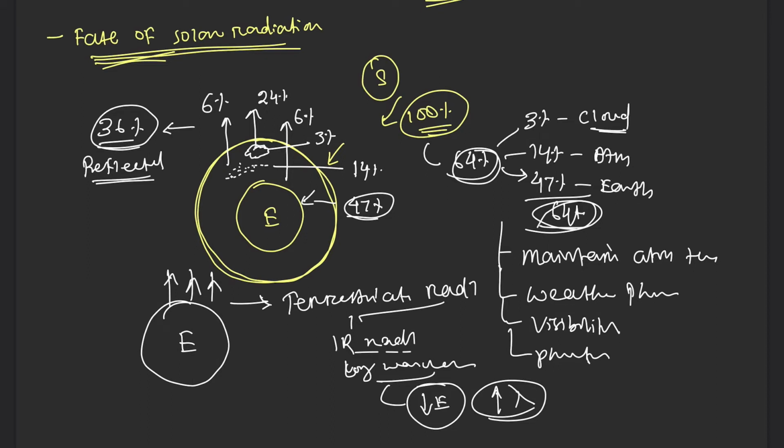So what happens? These radiations are again trapped by our atmospheric water vapor, dust particles, and gaseous molecules, and it increases the temperature of the atmosphere, and the atmosphere remains warm and becomes life worthy. If there would be no atmosphere, or no terrestrial radiation or reflected radiation from Earth, then our atmosphere would remain so cool that it would not be suitable for us to live in, right?